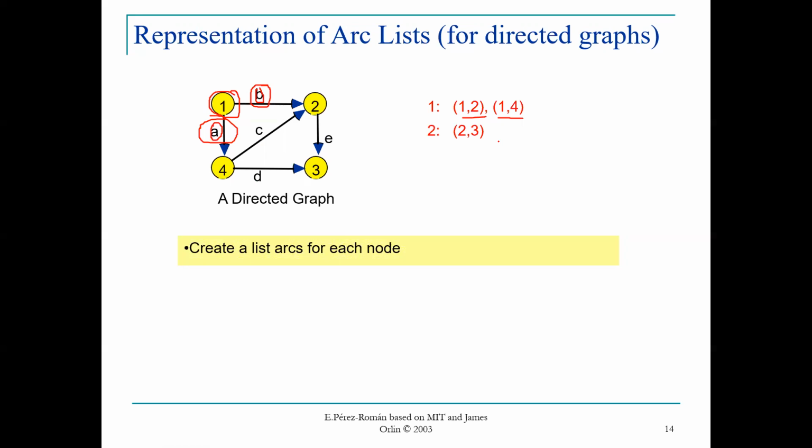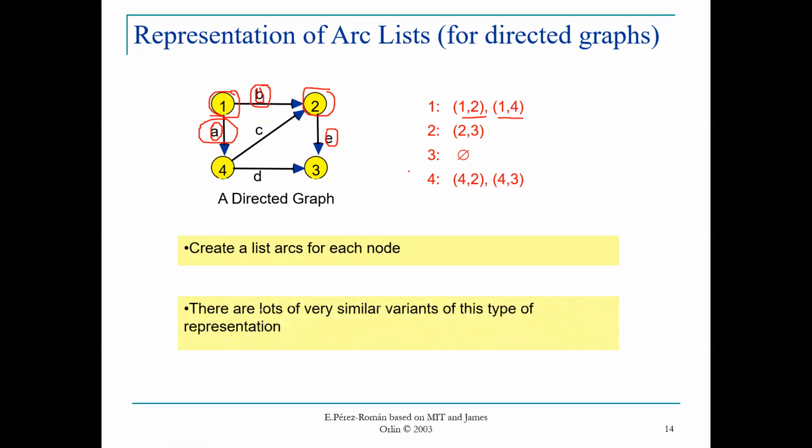Same thing for 2. We have arc 2, 3, which is this arc. For 3, we have no arcs because both of them are going in. For 4, we have 2 arcs, 4, 2 and 4, 3.